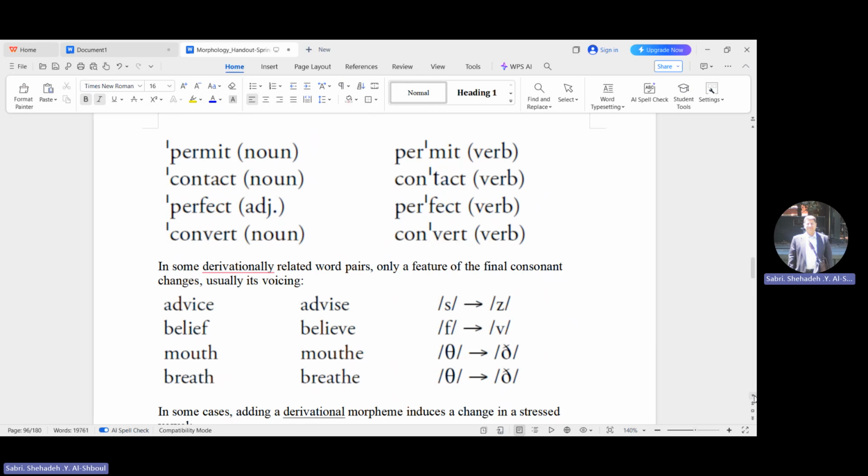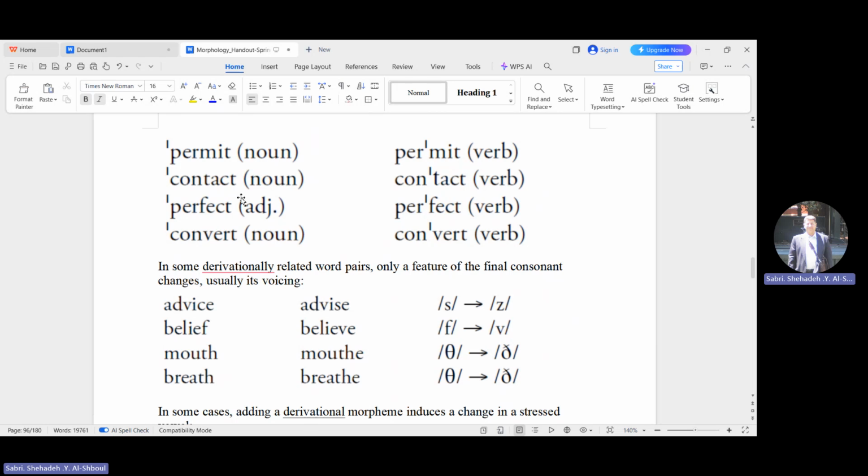So here, for example, we have permit, which is a noun, contact, noun, perfect, noun, convert, noun. We notice, dear students, that the stress is here to make sure that it does change the part of speech. So it is a part of the derivational processes.